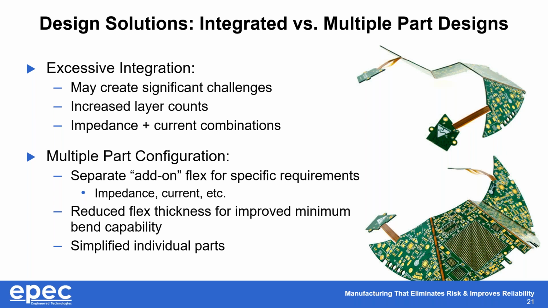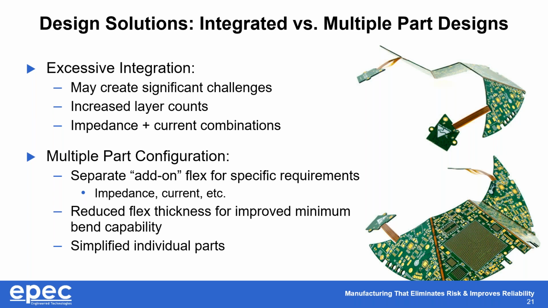What we've been able to accomplish in many cases is taking a step back from a fully integrated design and entertaining what a multiple part configuration will allow us to achieve. A common scenario would be to utilize a separate add-on flex for specific requirements, be it either controlled impedance or the higher current carrying signals, rather than having that integrated into the design.